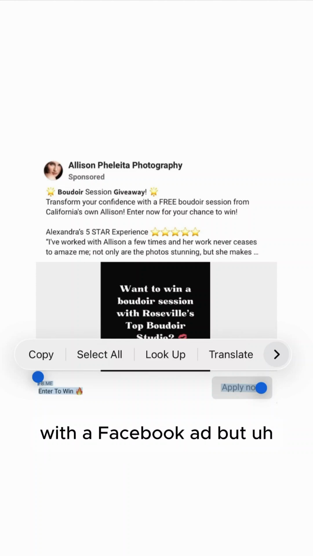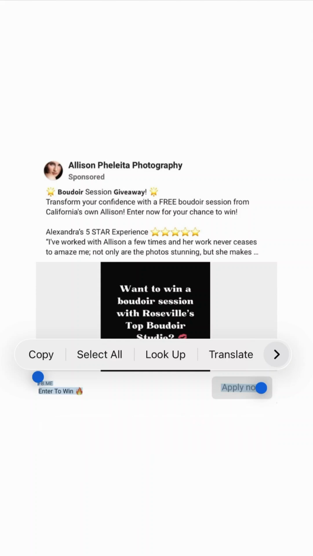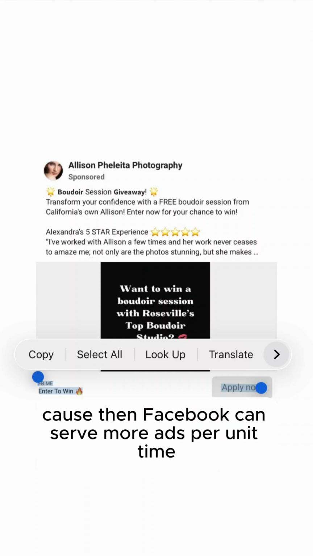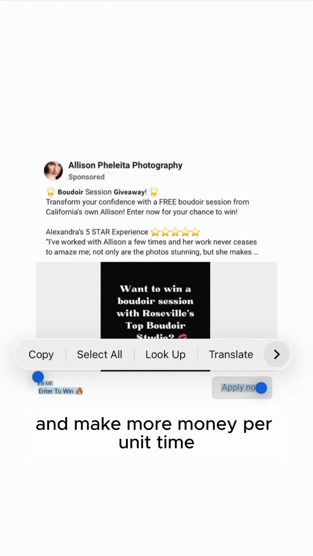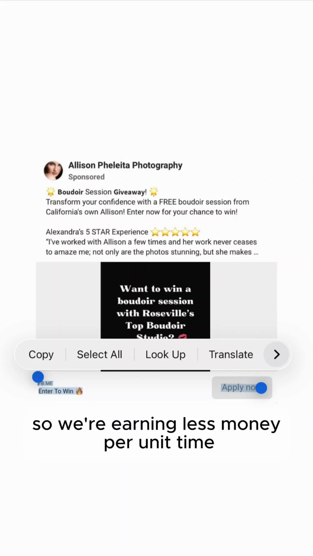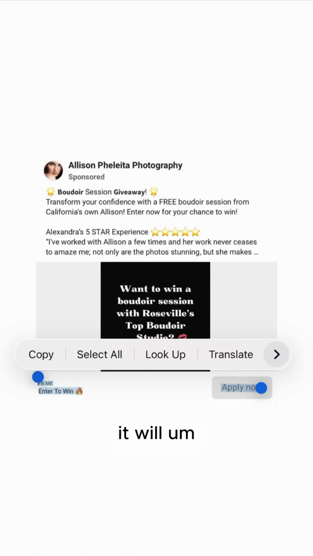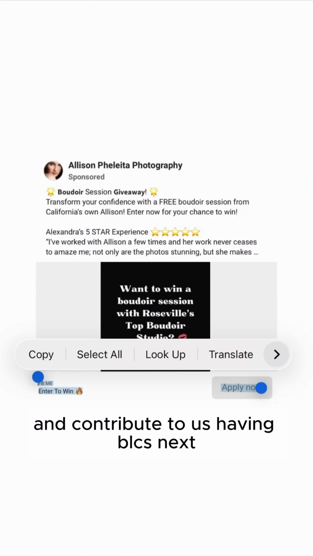But this actually causes more women to scroll on by, which Facebook likes, because then Facebook can serve more ads per unit time and make more money per unit time. But for us, waste more money per unit time, so we're earning less money per unit time. So this will pull our unique CTRL down under 6% and contribute to us having BLCS.